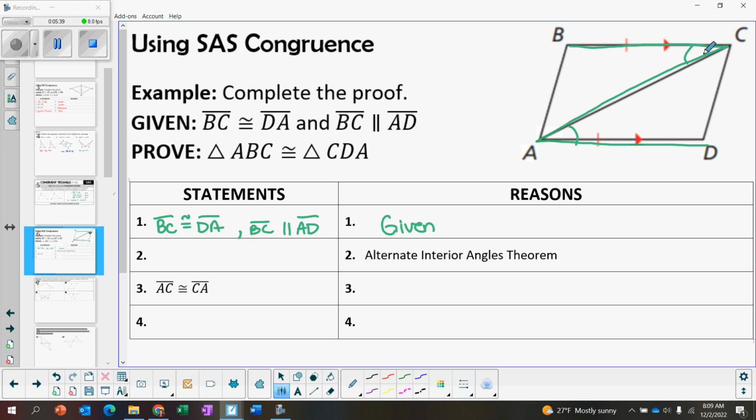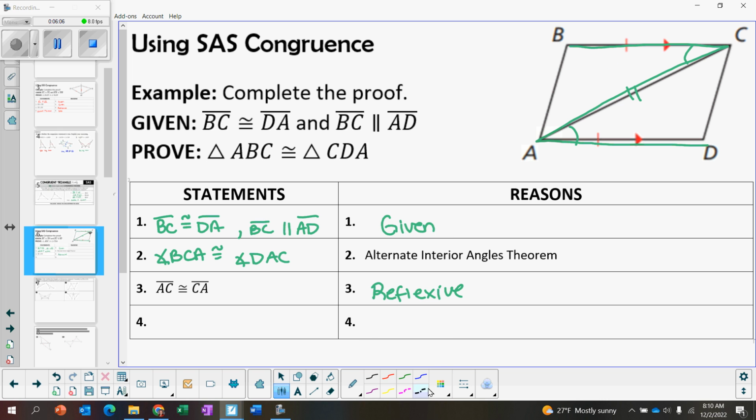So this is the angle BCA is congruent to angle BAC. So now I have that AC is congruent to CA. So my answer is this line that's shared by both. And anytime we have a shared side, that is a reflexive side.